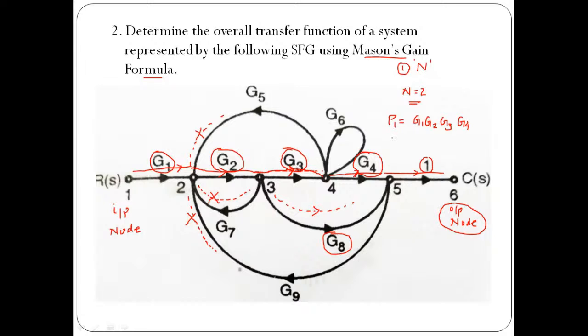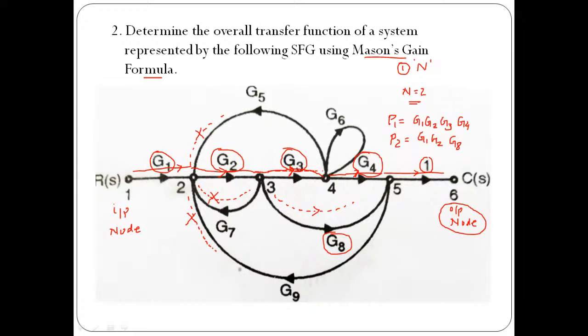In the same way, if you are interested in finding the gain for the second forward path, say P2, it will be G1, G2, then we need to take G8. That's it. This is the way we can identify how many forward paths there are in the given structure. I hope this point is clear to everyone.